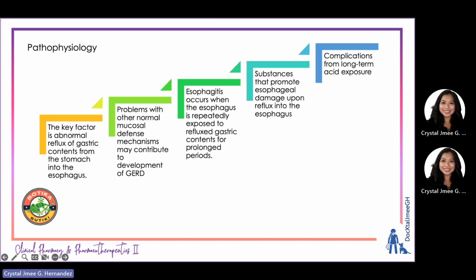Composition and volume of the refluxate and duration of exposure are the primary determinants of the consequences of gastroesophageal reflux. Complications from long-term acid exposure include esophagitis, esophageal strictures, Barrett's esophagus, and esophageal adenocarcinoma.